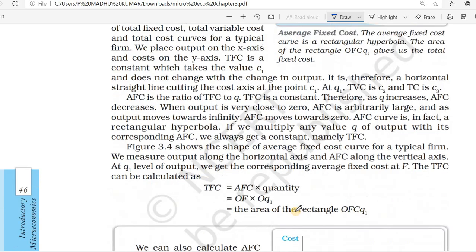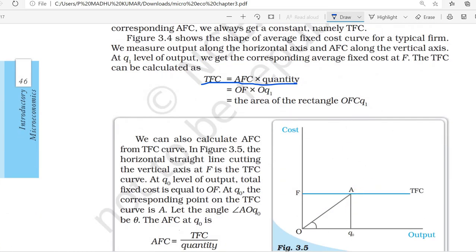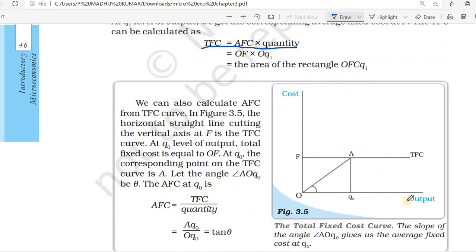Then how will we get the total fixed cost? Average fixed cost into quantity gives the total fixed cost. Then we know the shape of the total fixed cost. What is the reason? It is a horizontal straight line because the values are the same.